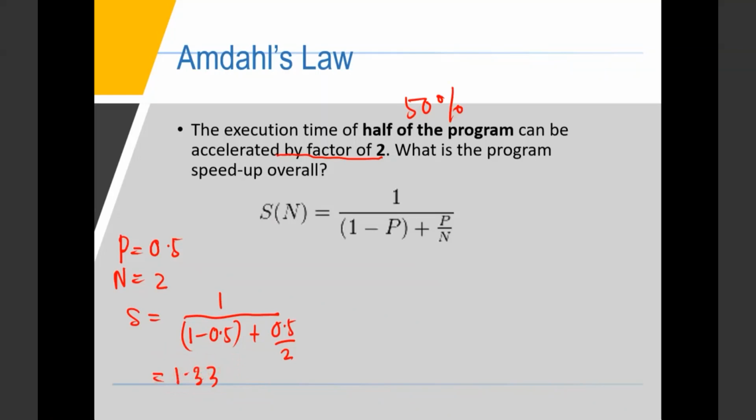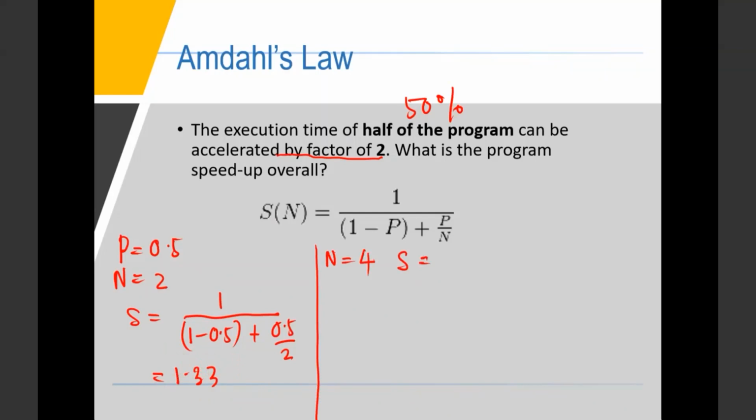All right, now next, what happens if you increase the number of cores? Now you increase N to 4. When you increase N to 4, what is your speed up? Can somebody press the calculator?